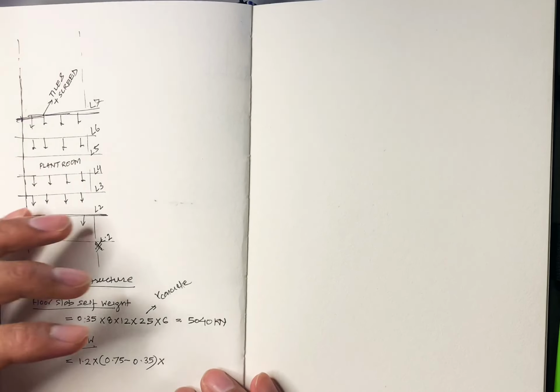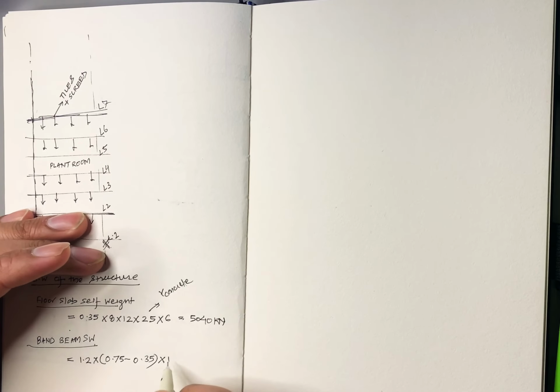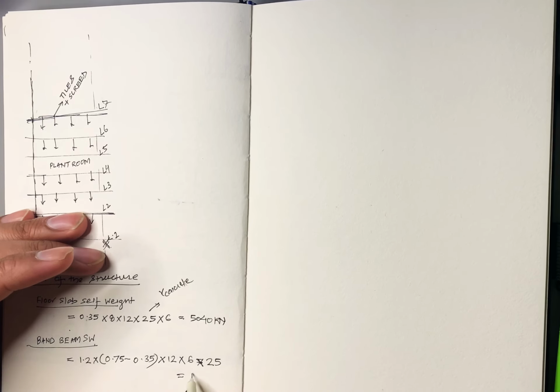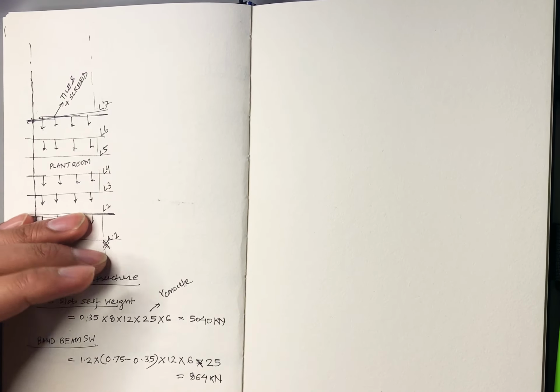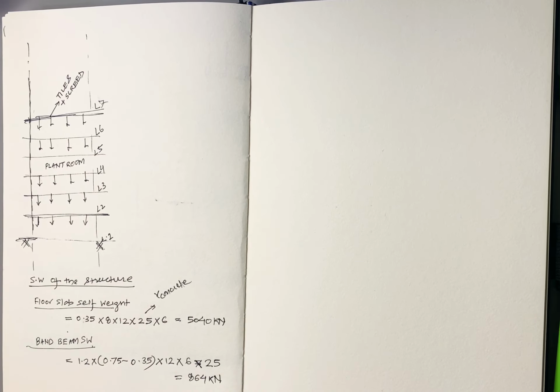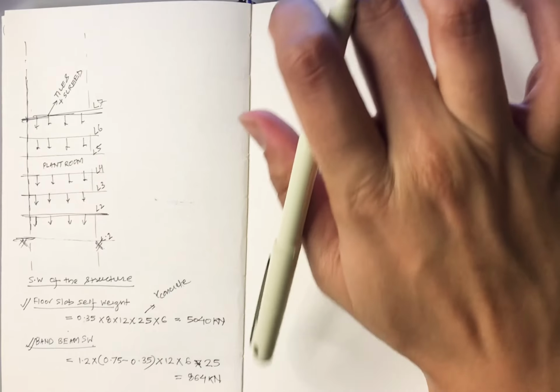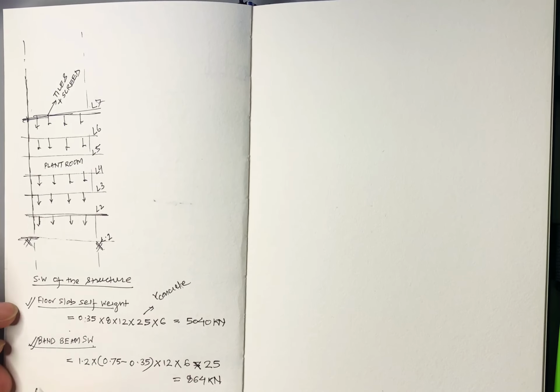So this is 12, again the number of floors is 6, and obviously you need to multiply that with density. It comes out to be 864 kilonewton. Great, we have done beams, we have done slab. What else do we need now? We need columns.